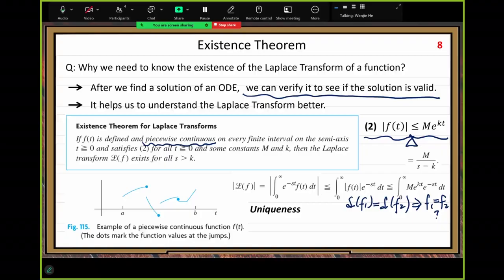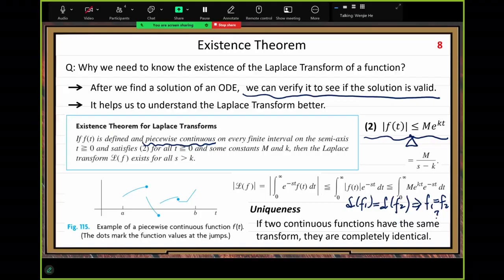In order to make the uniqueness property true, now you need to change to continuous functions, not piecewise. Piecewise is too weak.